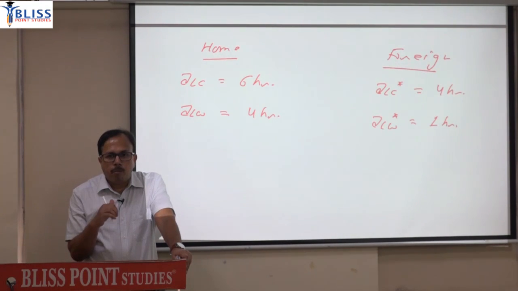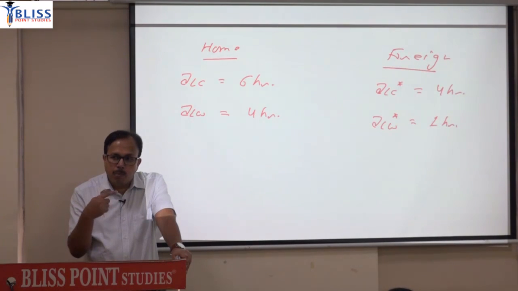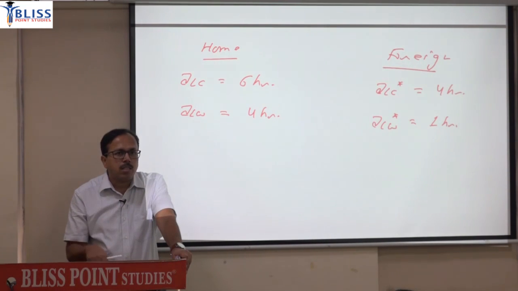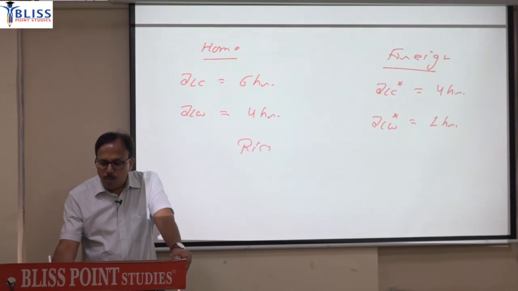So in this example, foreign country has absolute advantage in both products. So can trade take place? Based upon absolute cost advantage, it cannot. But if you apply the Ricardian principle, it is still beneficial, because Ricardian principle is based upon comparative cost advantage, not absolute cost advantage, and comparative measure is measured by the opportunity cost.